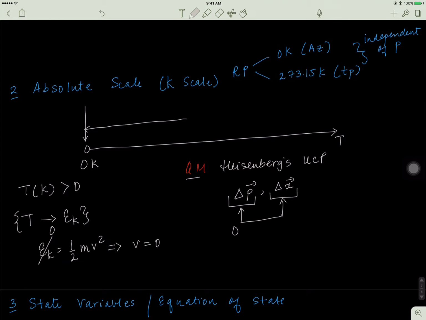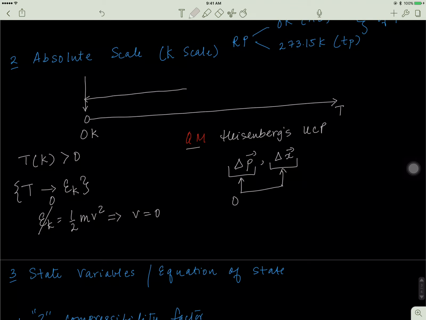It defies Heisenberg's uncertainty principle, hence why we cannot reach 0 Kelvin. We absolutely cannot afford to see molecules have zero motion. They always need to be moving. We'll discuss the thermodynamical definition and answer to this soon enough as well. But for now, this is an intuitive reason why you can't hit 0 Kelvin. It's because your molecules lose motion, and our laws start breaking down at that point.